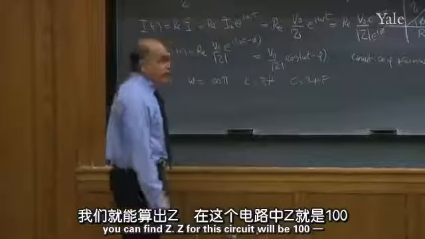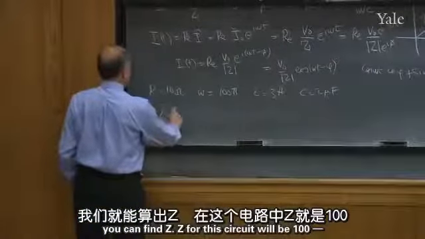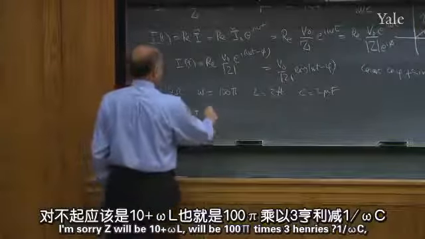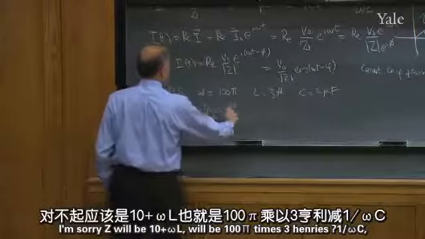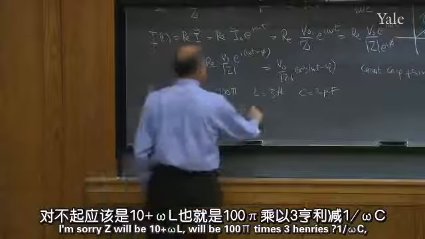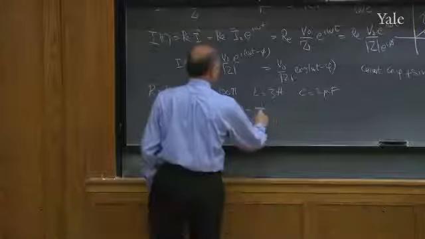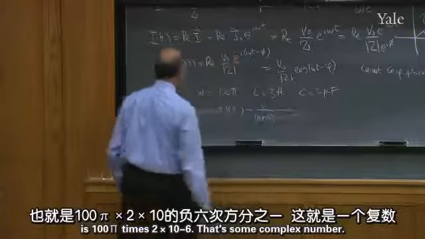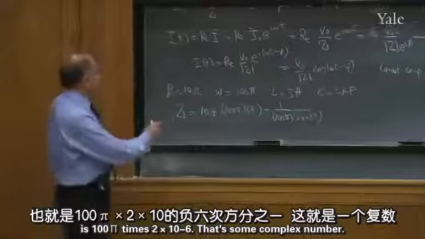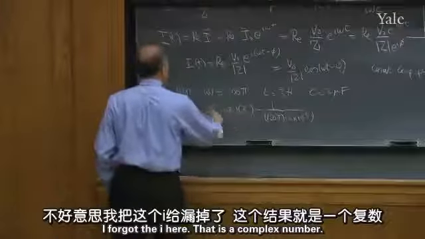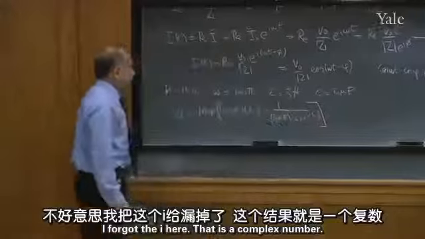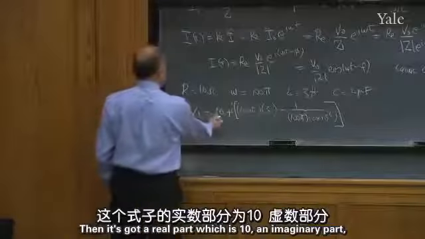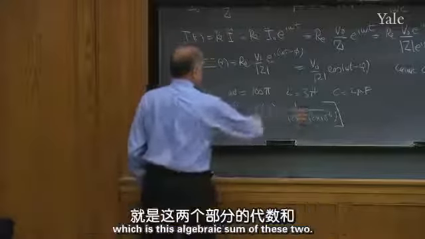You can find Z. Z for this circuit will be 10 plus I times omega L, which is 100 pi times 3 henries, minus I times 1 over omega C, which is 100 pi times 2 times 10 to the minus 6. That is a complex number. I don't want to calculate it. It's whatever it is, and it's got a real part, which is 10, and an imaginary part, which is the algebraic sum of these two.